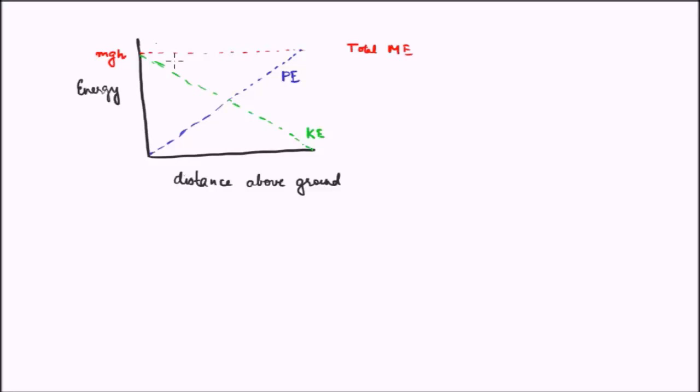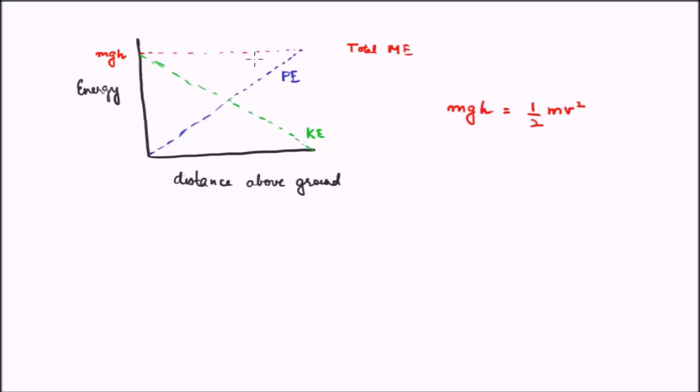Also, we can find out what is the maximum velocity of the ball when it reaches the surface. How can we do that? We can do that because we know that the maximum energy is mgh. That is, the total mechanical energy maximum is mgh. And we also know that the kinetic energy is given by half mv square.